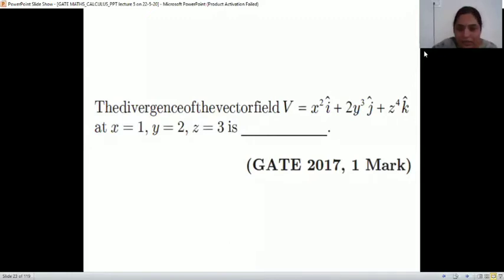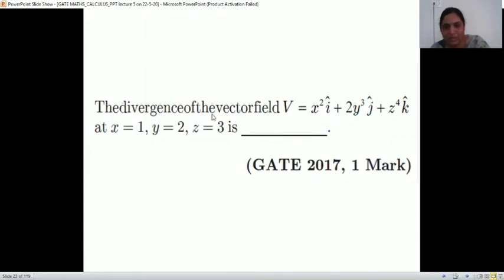That is dou by dou x of the first component, that is along i bar, and so on. That is 2x plus 6y square plus 4z cube at x is 1, y is 2 and z is 3. So can you tell me answer now? Put x is 1, y is 2 and z is 3 in that, you will get the answer.